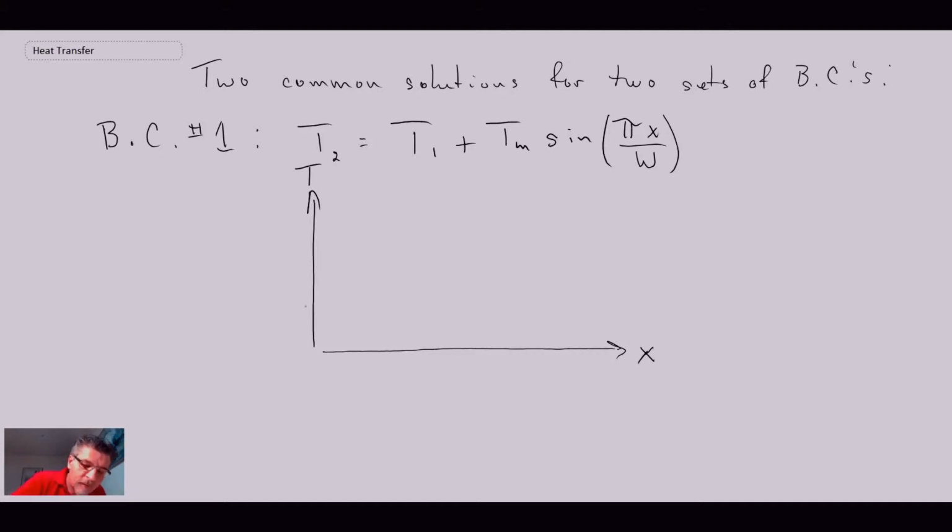The width of the plate goes from 0 to W, and the temperature at 0, or at the base, is going to be T1.